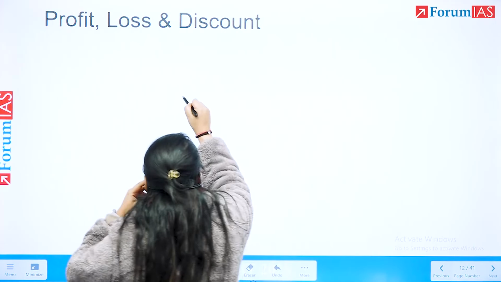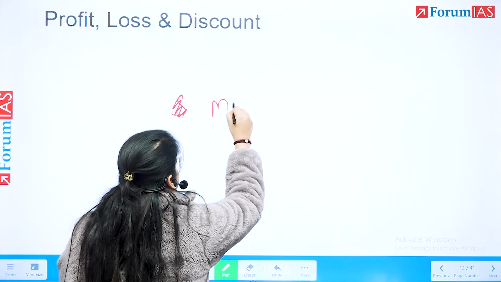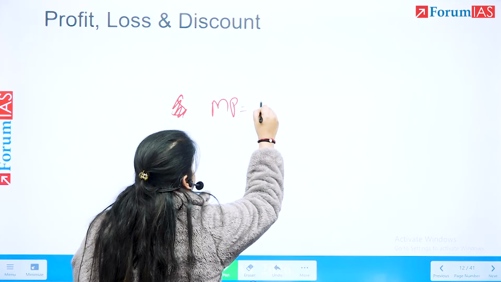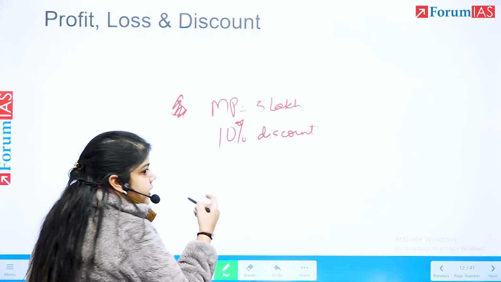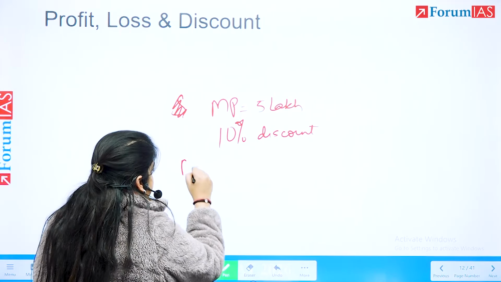So the marked price was 5 lakh. We gave a 10% discount. In terms of quantity, the discount is equal to 10% of 5 lakh, which is equal to 50,000 rupees. And the selling price is equal to marked price minus discount, which is equal to rupees 4,50,000.